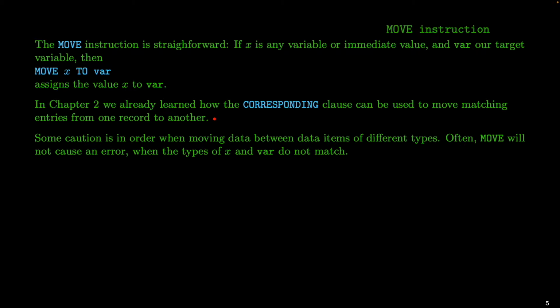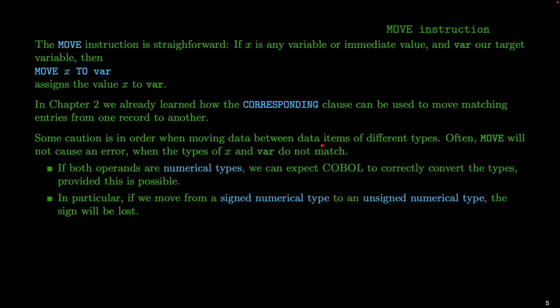Now we have to be a bit cautious when moving data between data items of different types. Recall we have different numerical data types, for example, and move will often not cause an error when the types are different. So we have to be aware of what can happen then.